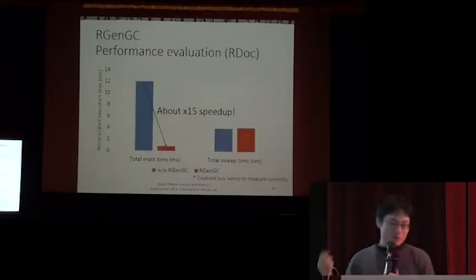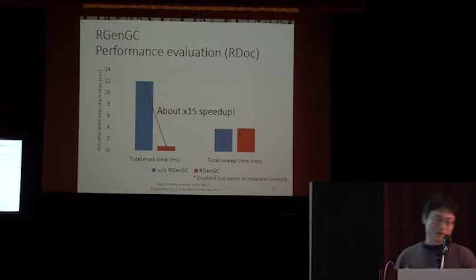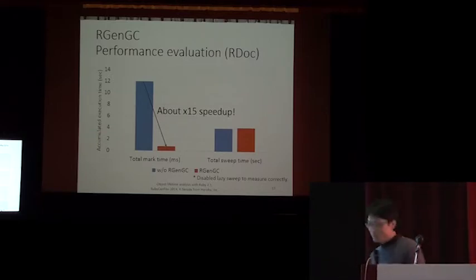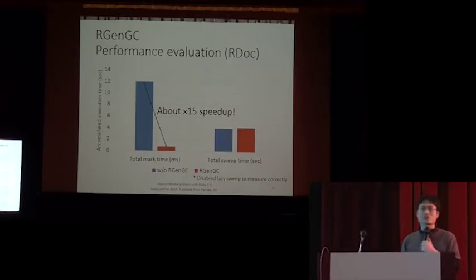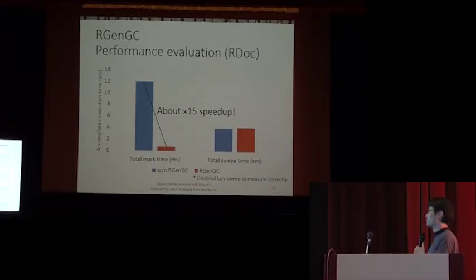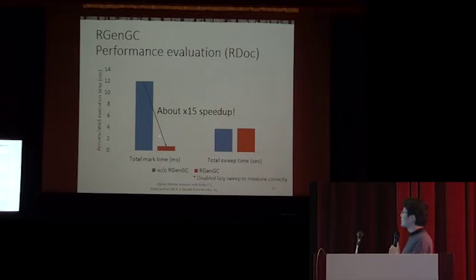I want to introduce one thing about garbage collection improvements. We introduced generational garbage collection. Generational garbage collection concentrates on younger objects in garbage collection, so we can improve the performance. Marking is about 50 times faster.